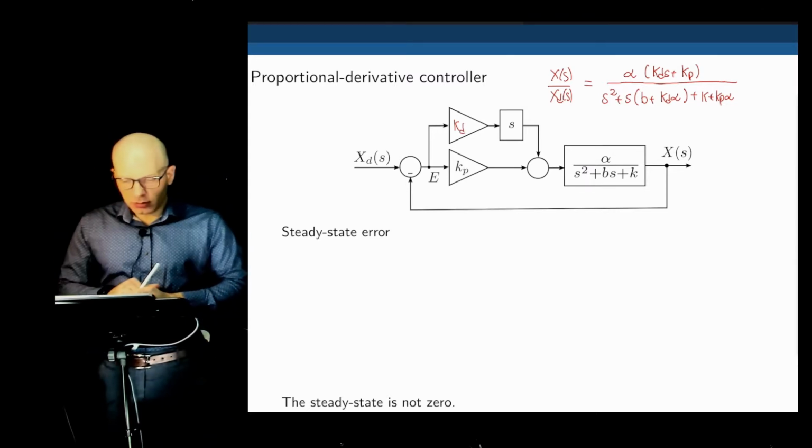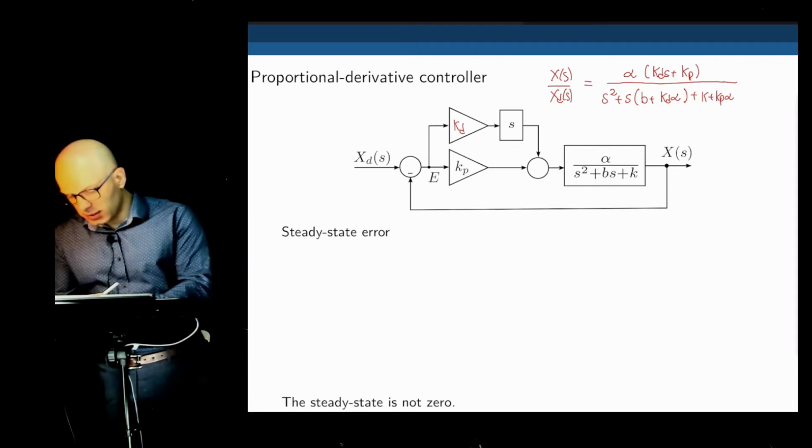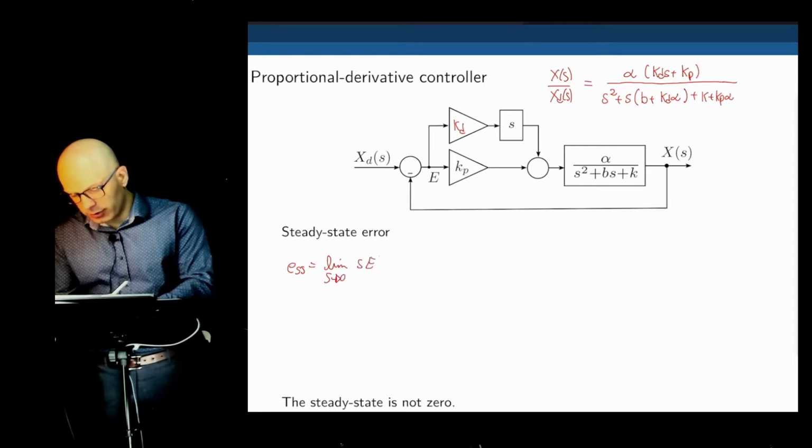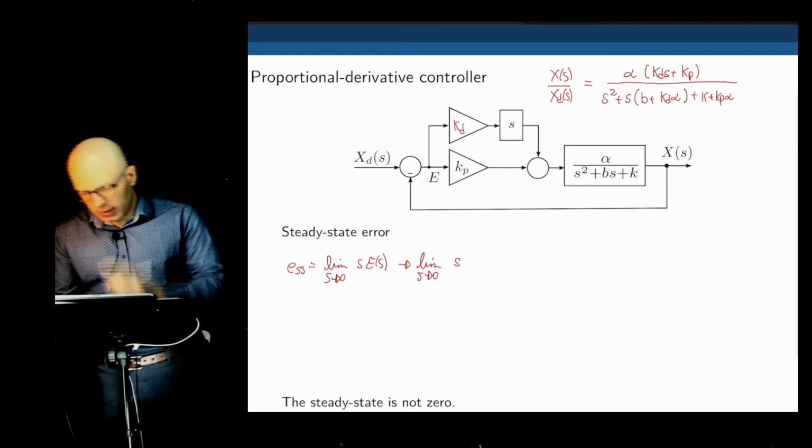The steady state error is the limit as s tends to 0 of s times the error, which is the same as the limit as s tends to 0 of s times, what is the error?